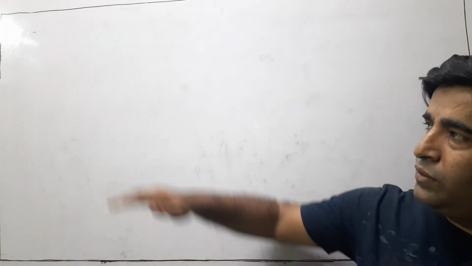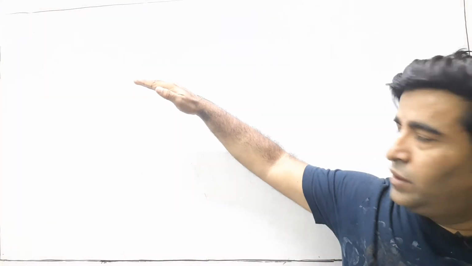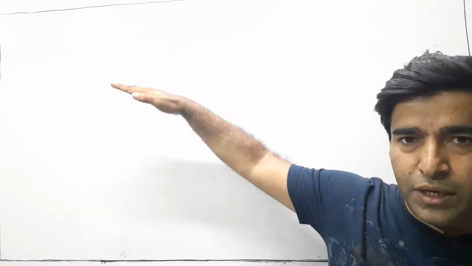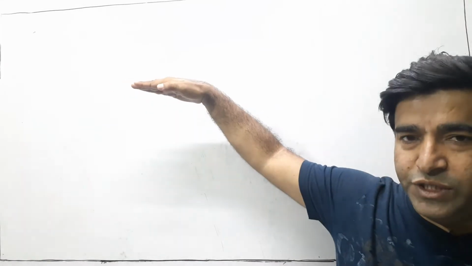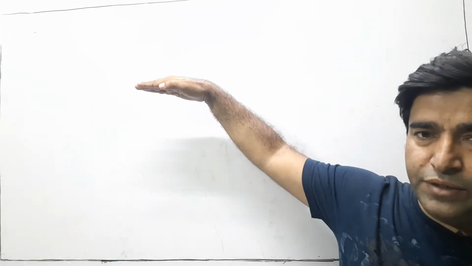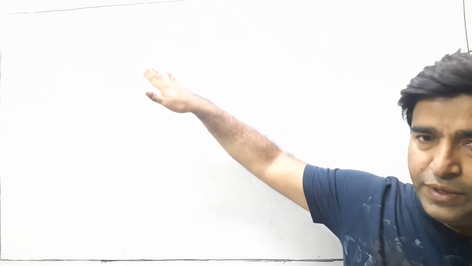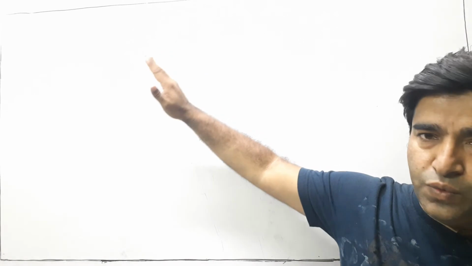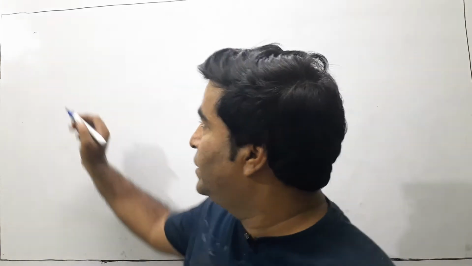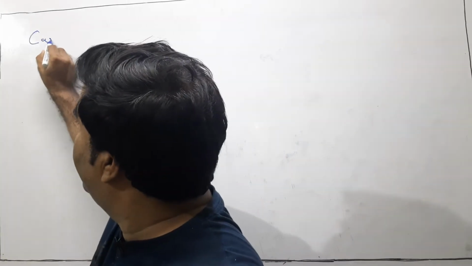Now we will solve the non-homogeneous linear differential equation with constant coefficients when the right hand side, that is Q(x), is an exponential function or the product of an exponential function and another function of x. So let's start case second.